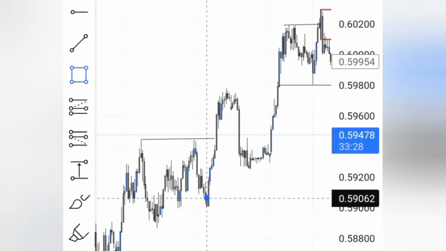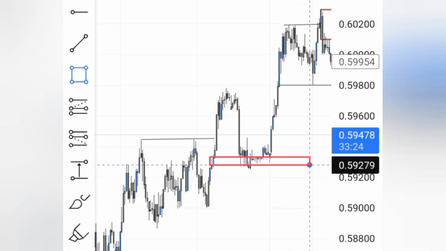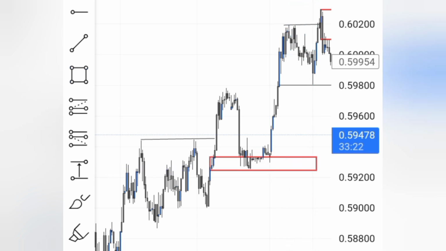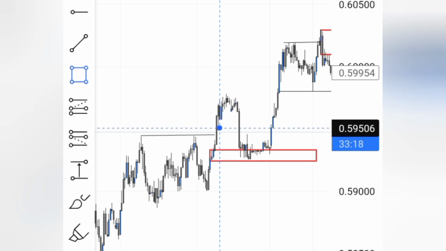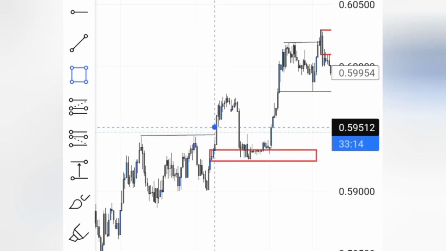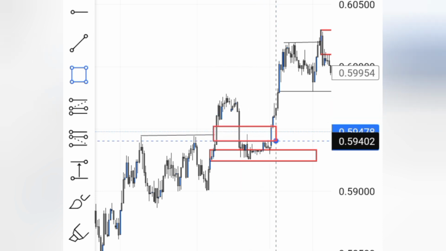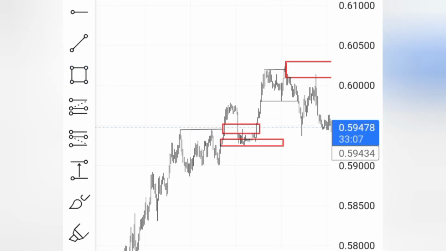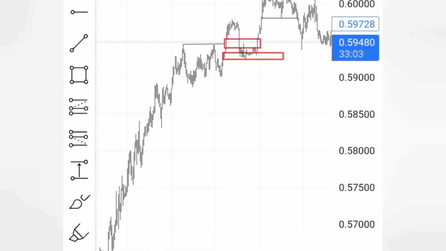We had an order block right here, and with this order block there were several fair value gaps that we can look at also. There's this one right here, and the one down here, though it was very small. So you would consider this. That means this was a high probability zone because of the fair value gap and the order block that was there.